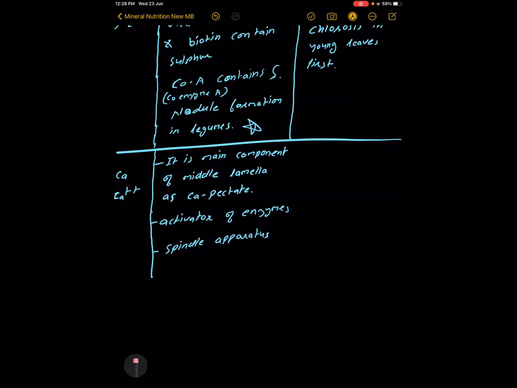Otherwise, you would say if magnesium is involved in association of ribosome units, calcium should be involved too. They have different functions, but their behavior is that they can be remobilized or non-remobilized. Sir, I thought they were structural minerals, so they can't be transferred.